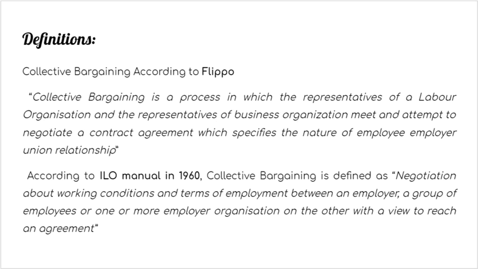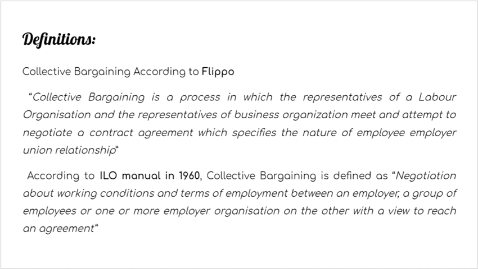There are a few definitions that I would like to tell. The first one was a definition given by Flippo. It says, collective bargaining is a process in which the representatives of a labor organization and the representatives of a business organization meet and attempt to negotiate a contract agreement which specifies the nature of the employee-employer union relationship.